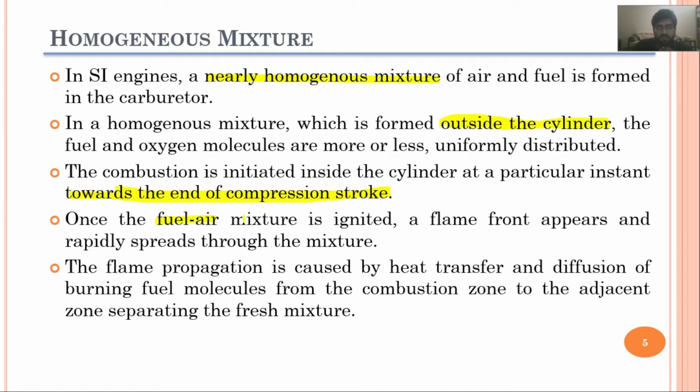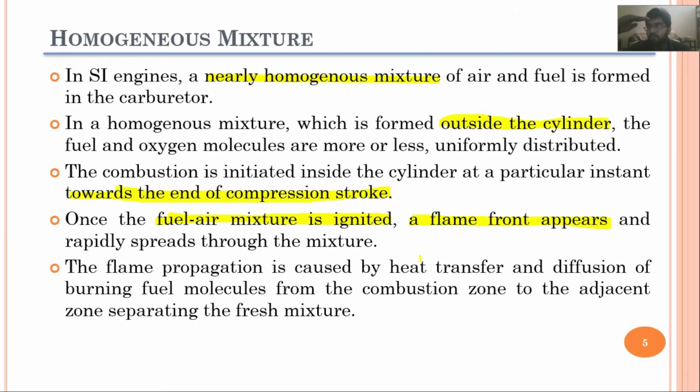Once this fuel air mixture is ignited, the flame front appears. The flame has just appeared, and now it will rapidly spread throughout the combustion chamber. For example, this is the cylinder head, and here is the spark plug igniting the air fuel mixture.